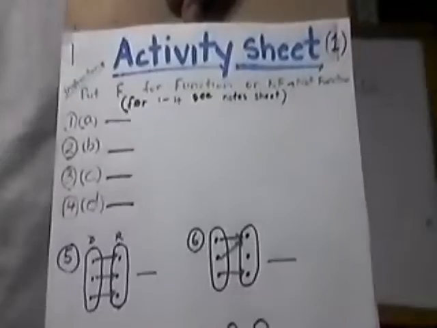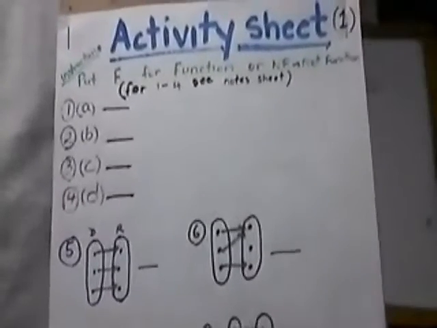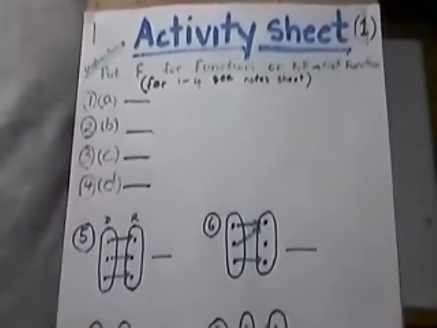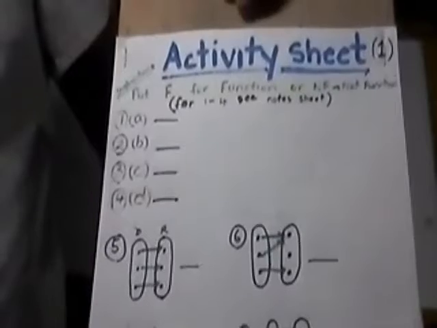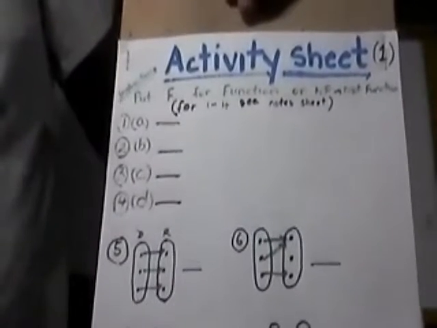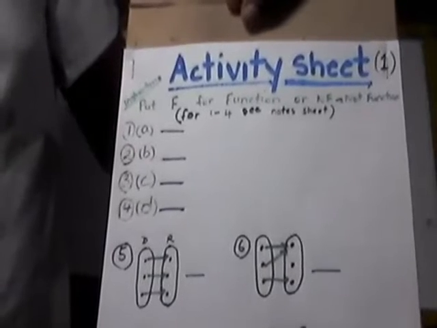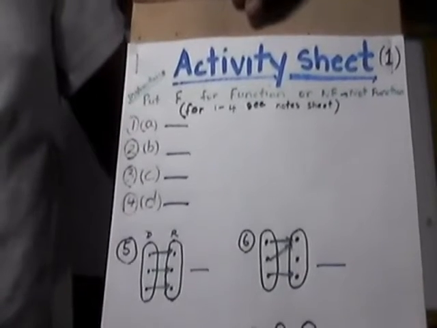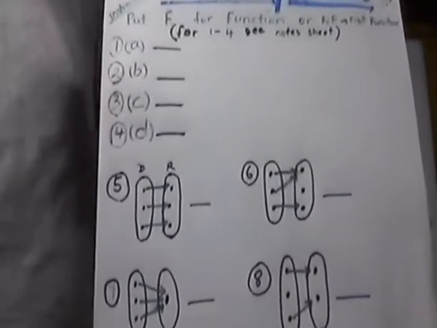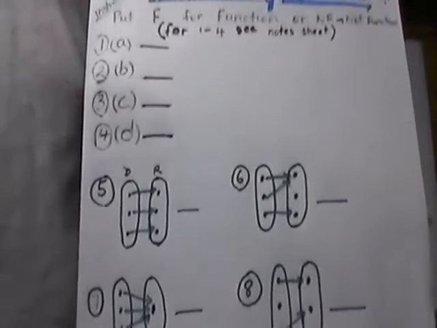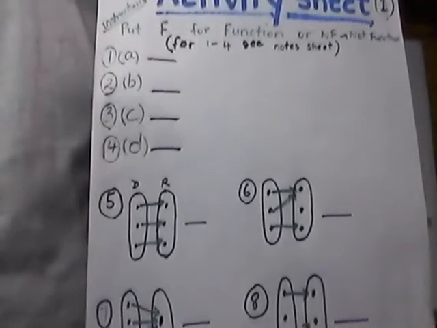Remember, I said you can scrub the video back so you can get the first 4. So what you're going to do, as the instructions say, put F for function or NF for not function. So here we go. There we have them. So you can do them one at a time.